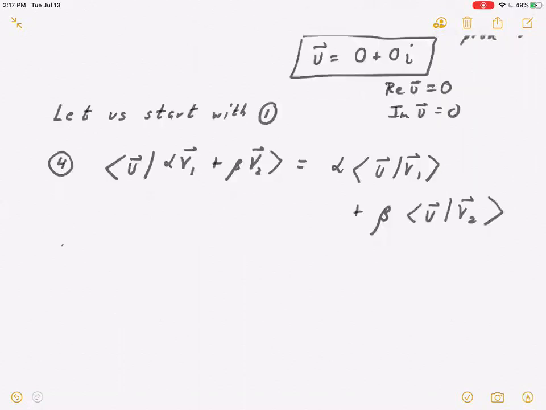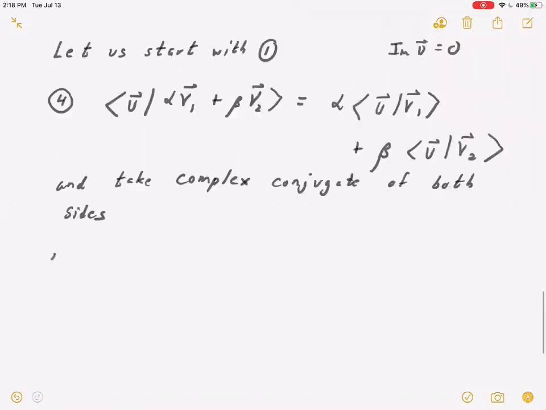So let's start with equation 1, which I've rewritten as equation 4, and take the complex conjugate of both sides. And that's something I'm certainly allowed to do. So if I take the complex conjugate of equation 4, I get this on the left-hand side.